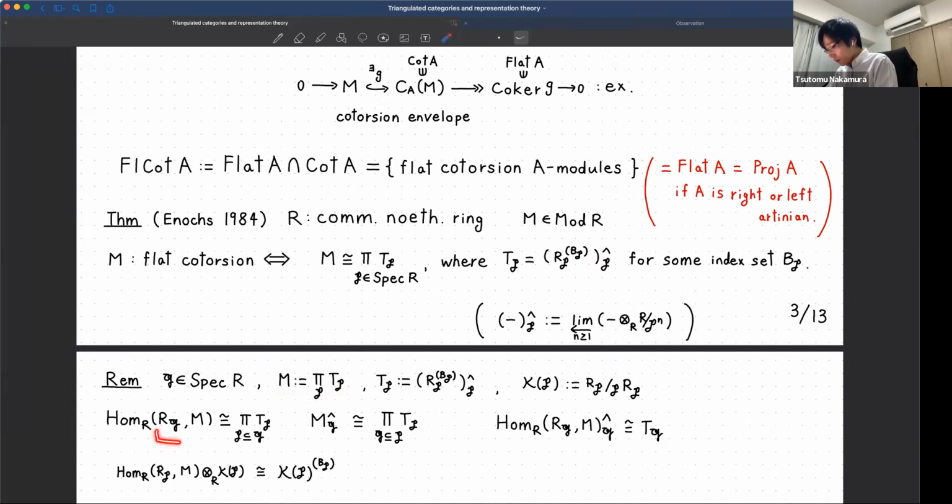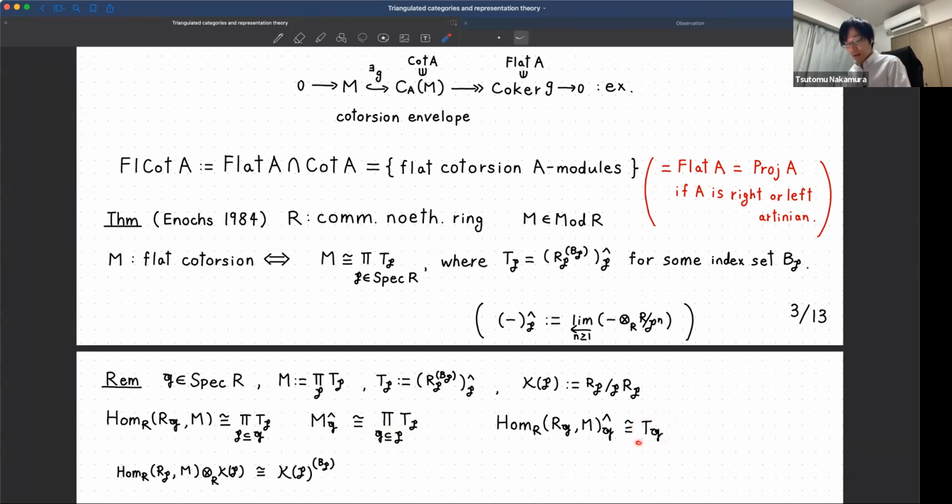If we consider the so-called co-localization at P, then this co-localization collects all P components where P must be contained by Q. And if we consider the completion, then this operation collects all P components where P must contain Q. In particular, if we combine both operations, then we get the single component.